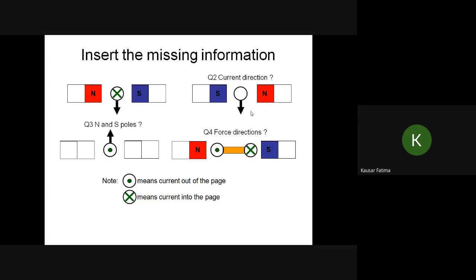If you apply the rule, keep your fingers, so your second finger automatically comes out, towards you. Here the poles are to be marked, current direction is known and the force is known, and we already did it.